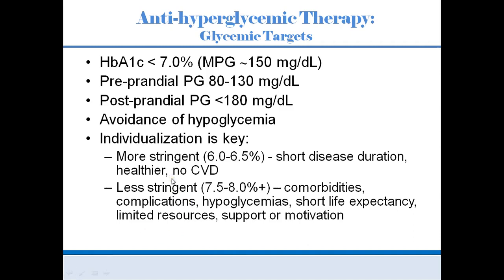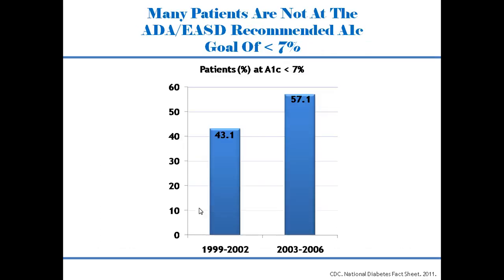You can go for less stringent, from 7.5 to 8, if the patient has several comorbidities, if there is hypoglycemia, if he is an old age patient, if they are less motivated, don't have support, or have limited resources. So this is what I see, that even if we keep the HbA1c target less than 7%, many patients are not at this recommended goal of HbA1c.